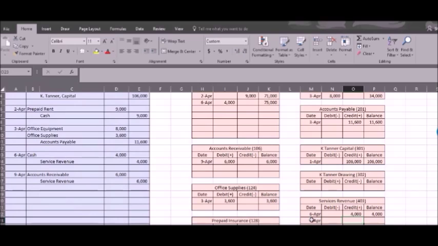So I'm going to credit revenue for $6,000. Now, this is a little different because this is a credit balance account. So I'm still going to take the balance, but now I'm going to subtract debits and add credits because it's a normal credit balance account. Accounts increase on the credit side. And it shows that we've earned $10,000 in revenue.